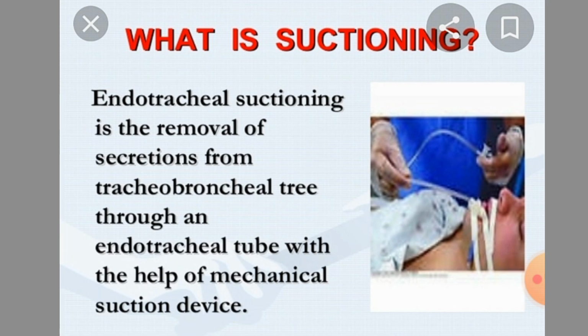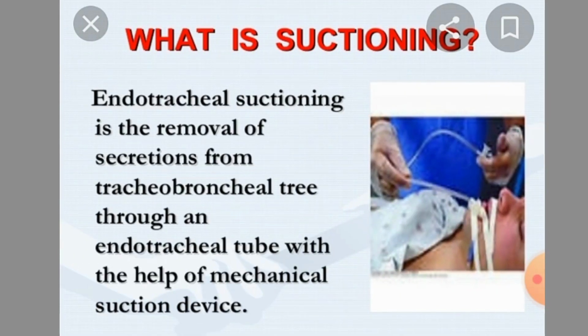Next, what is suctioning for the endotracheal tube? ET suctioning, how to do it? What is the meaning? Endotracheal suctioning is the removal of secretion from the tracheobronchial tree through an ET tube, endotracheal tube, with the help of a mechanical suction device. Here the patient is already intubated.